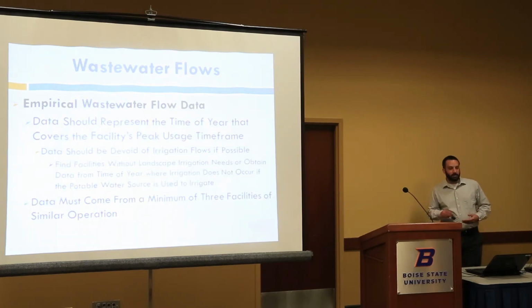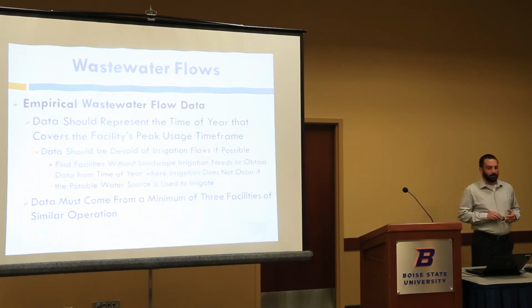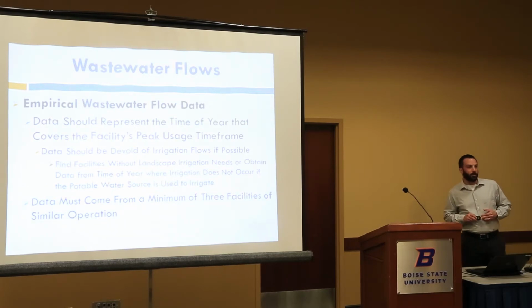Data needs to represent the time of year that covers the facility's peak usage time frame. So that's getting back at the thing I was mentioning earlier, that the data does need to be devoid of irrigation flows if possible. When you're looking at a place on public water, there's a high likelihood that they're irrigating with that public water as well. So take that into account. You don't want to be counting irrigation flows.